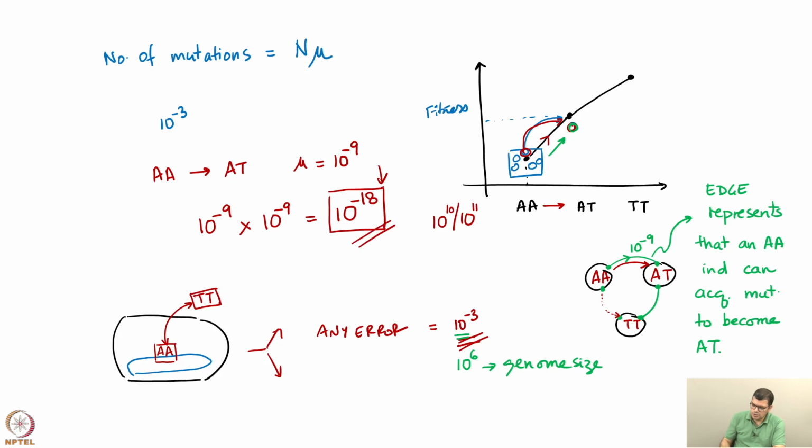As a result, what we are saying is that it is not possible for this AA population to directly jump to TT via acquisition in one division process only. It has to happen this way.